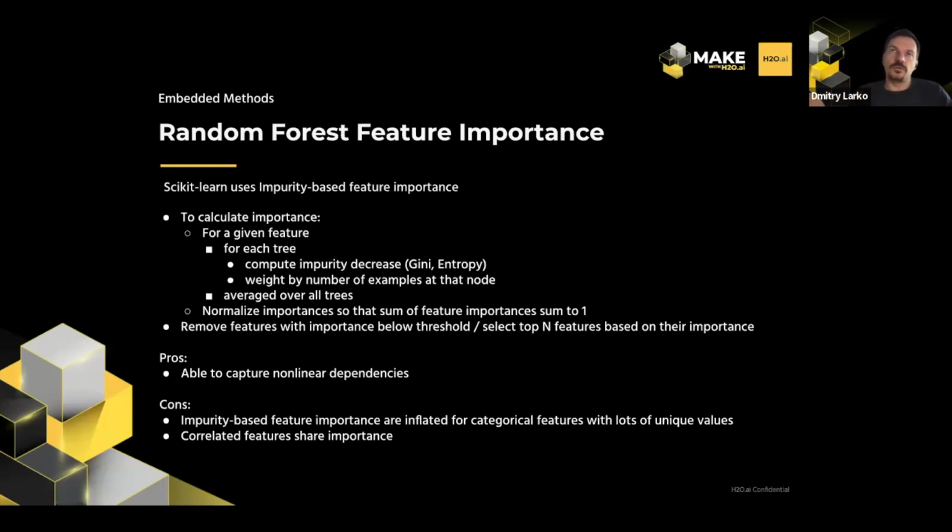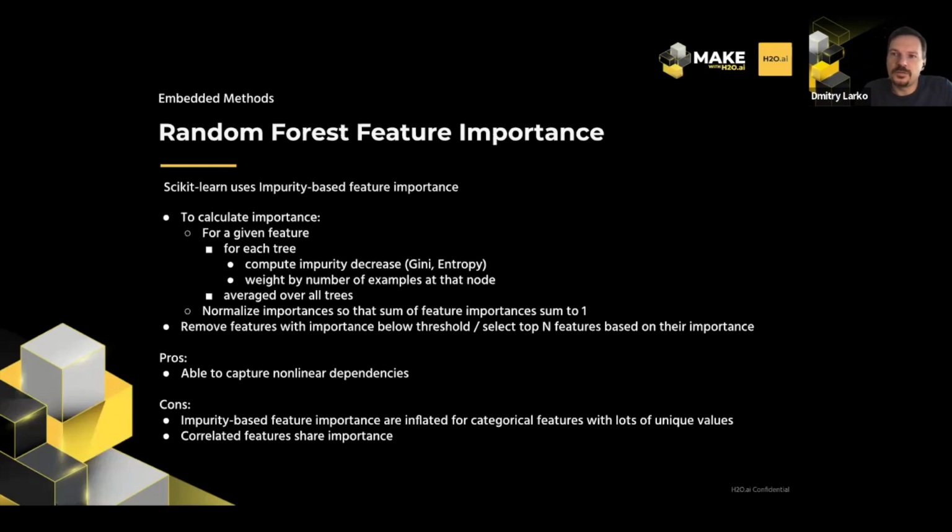Assuming that the best feature will improve your score significantly, right? You also have to weight by the number of examples which end up in the leaf. Because if you greatly improve your impurity score, but you end up with two values in the leaf, it's maybe not statistically significant, so you have to reweight it. And basically, that's how you calculate the feature importance for the data set.